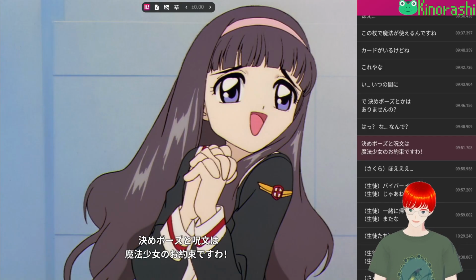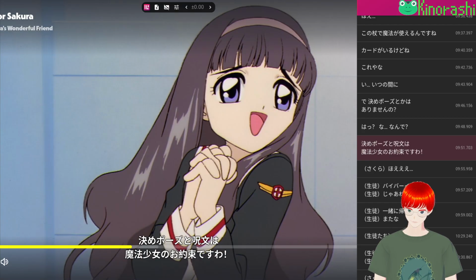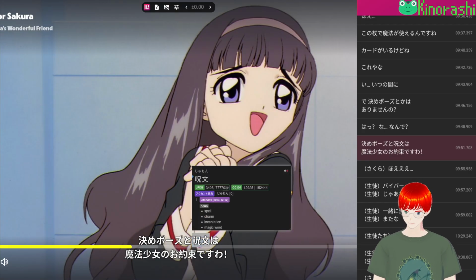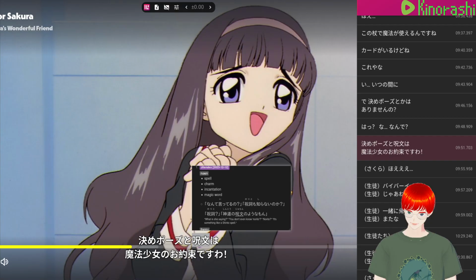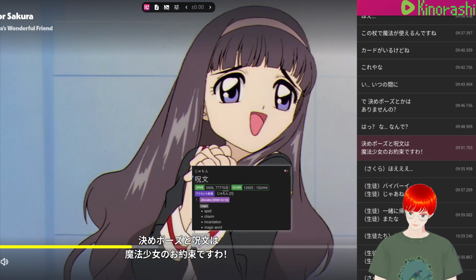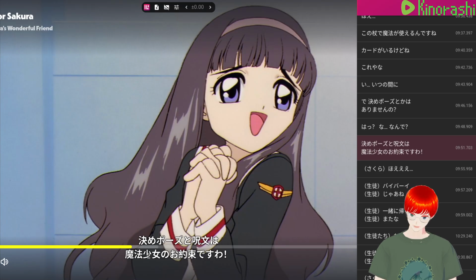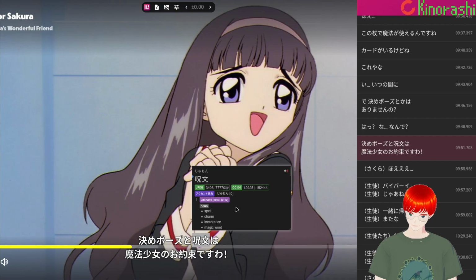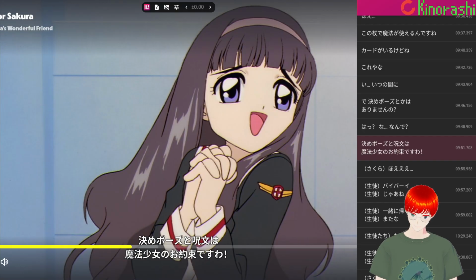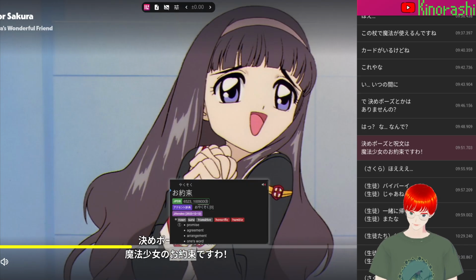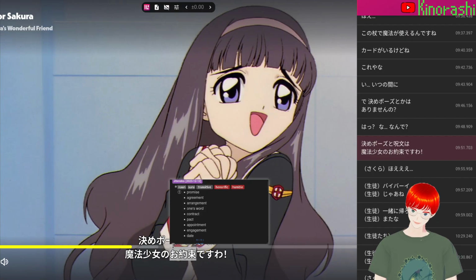Kime pose to. So with a signature pose, let's see, jumon, spell, charm, incantation, magic words. Maho shoujo, so magical girl. So I'm guessing as for the charm, magical girls. Oyakusoku, promise, agreement, pact, arrangement.